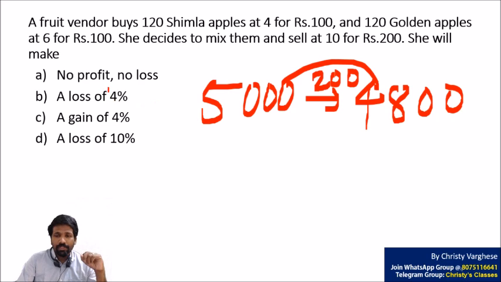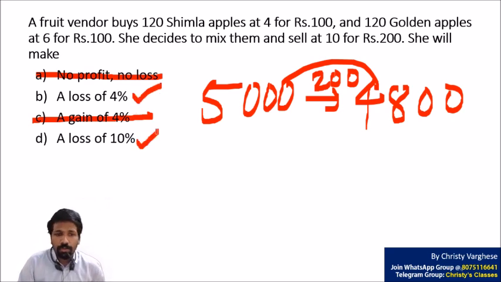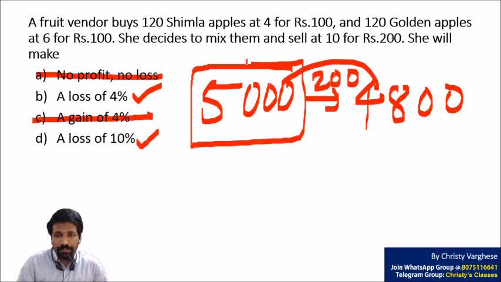But the question is not asking loss, it is asking loss percentage. As I told, 2 options are eliminated. Now 2 options are remaining, 4% loss and 10% loss. Again, now also you don't have to use the formula CP minus SP by CP into 100. You can logically think, I invested 5000 rupees.